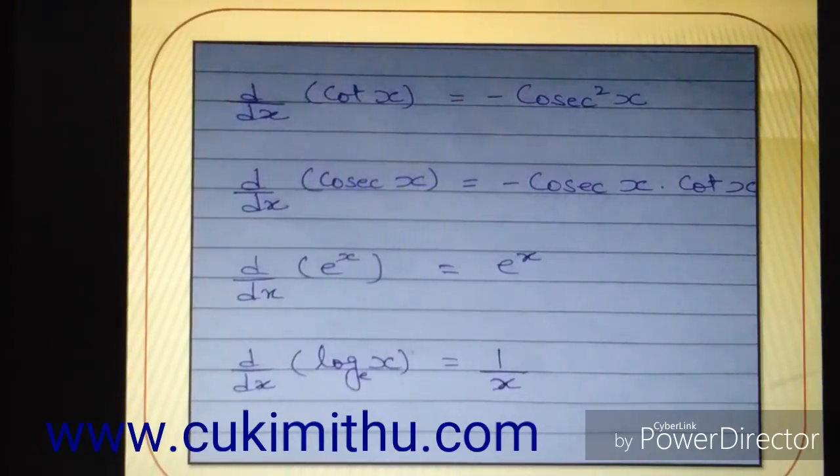You should not memorize this table. You learn this table by practicing more and more questions. Always remember, kids, always practice maths. The more you practice, the more you learn in maths.